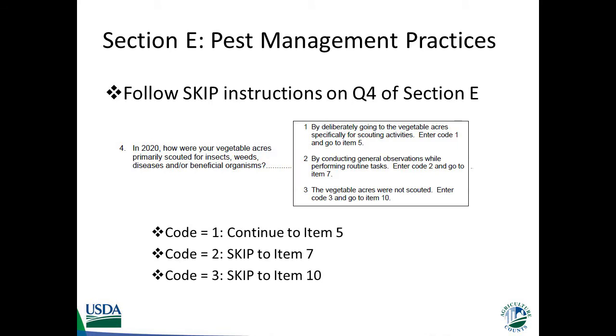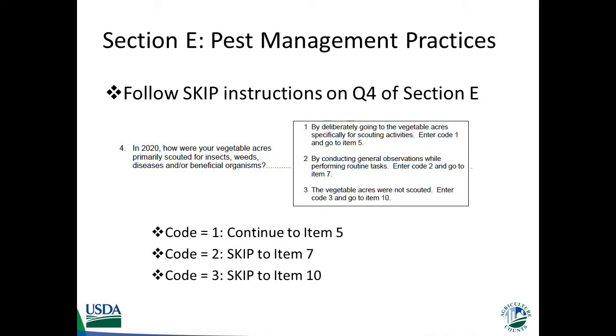Please pay attention to the skip instructions in this section. The first one comes at the top of page 13, where you are asked if pesticide applications were reported in Section B. The second potential skip comes with question 4, where the operator is asked about scouting for pests. If scouting activities were deliberate, then enter a 1 in question 4 and continue on with questions 5 and 6.